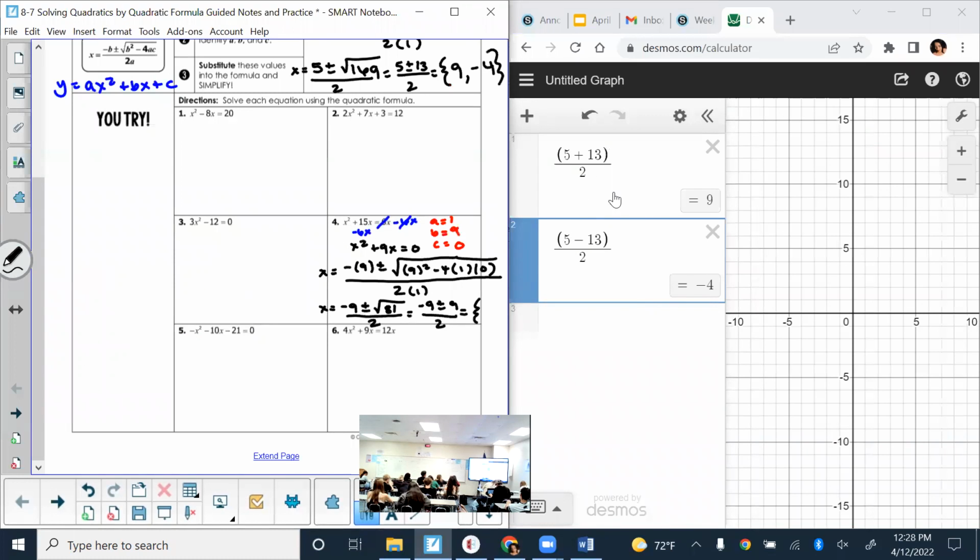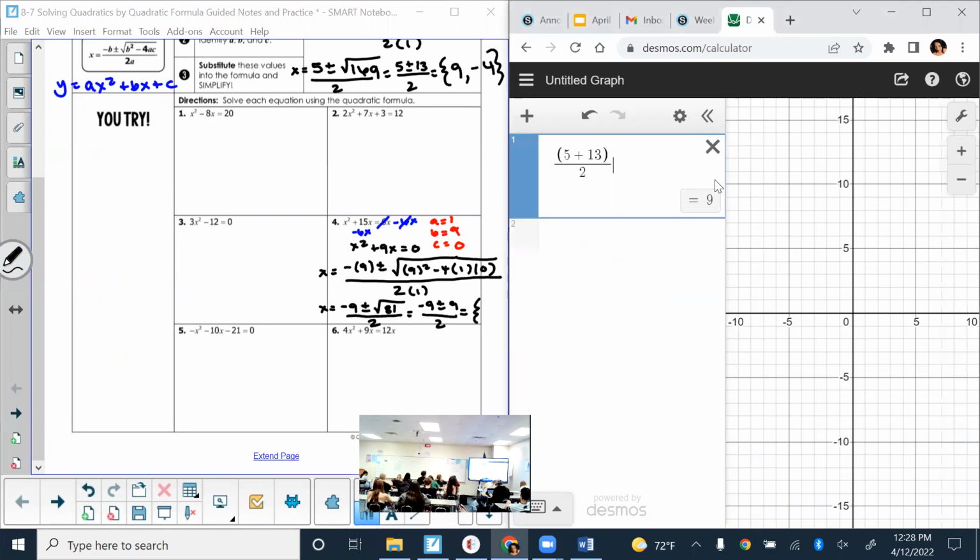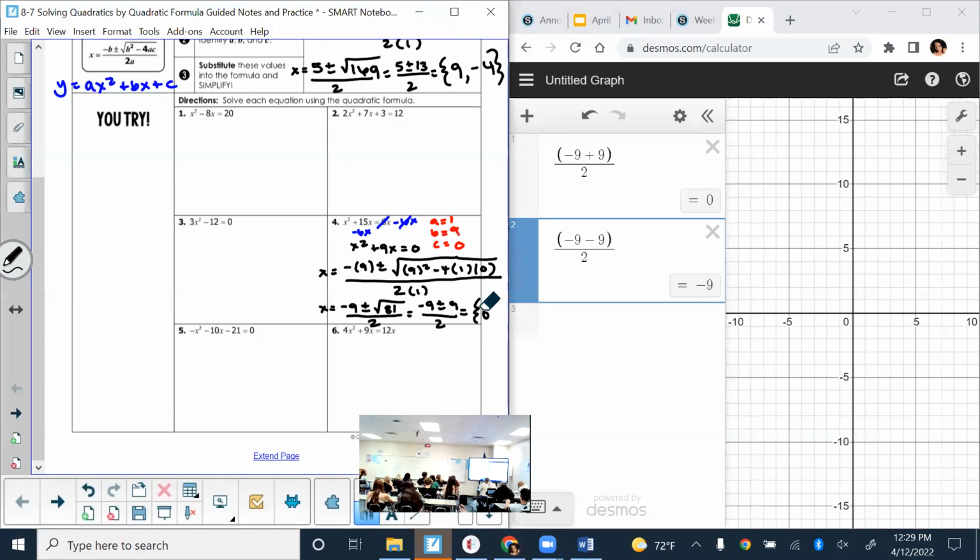So throw that in your calculator. Negative 9 plus 9 divided by 2 is 0. And then negative 9 minus 9 divided by 2 is negative 9. So just make sure you solve for both cases for that plus or minus. Questions?